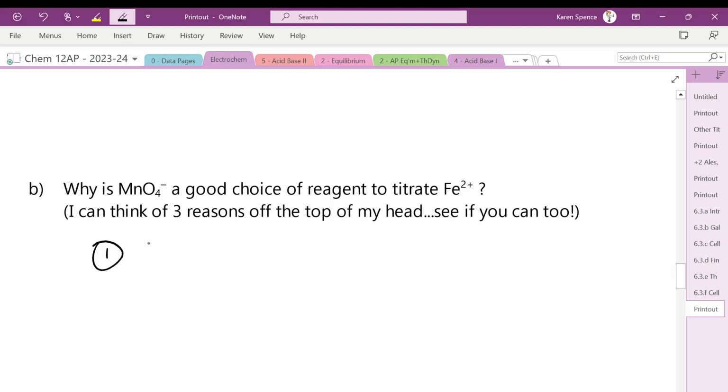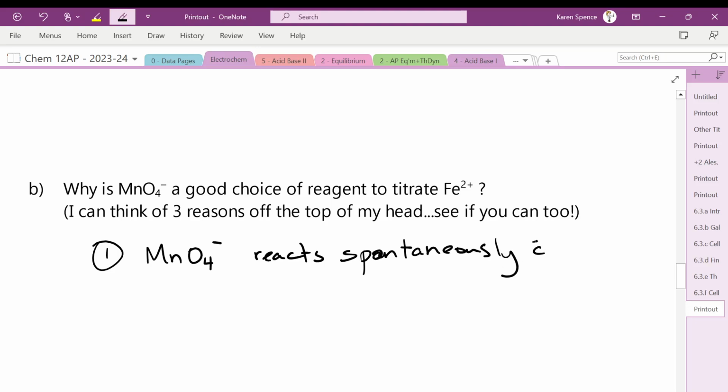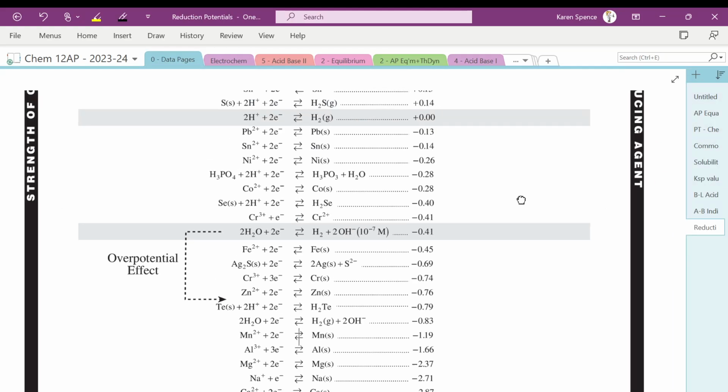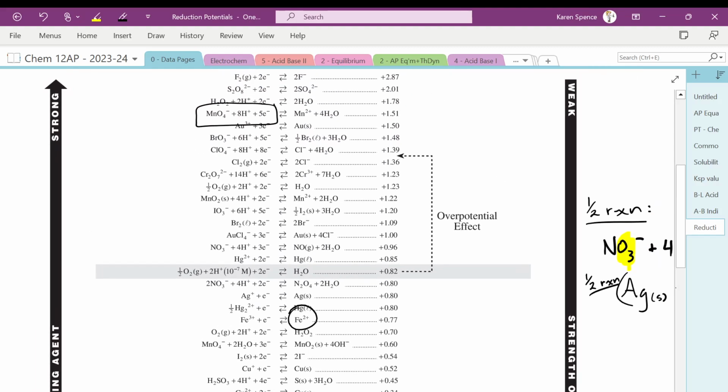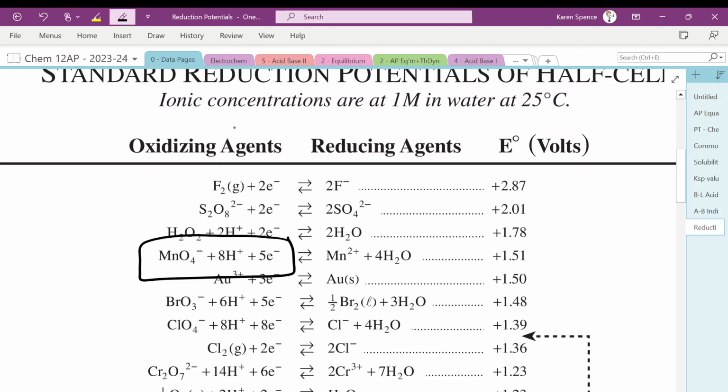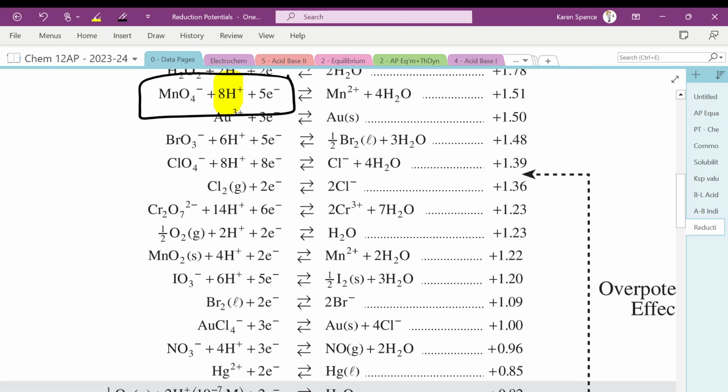So number 1, MnO4 minus reacts spontaneously with Fe2 plus. Yes, because we have MnO4 minus. Now, it was acidified, so that means we're going to use the one with the H plus in it. Is there another permanganate?